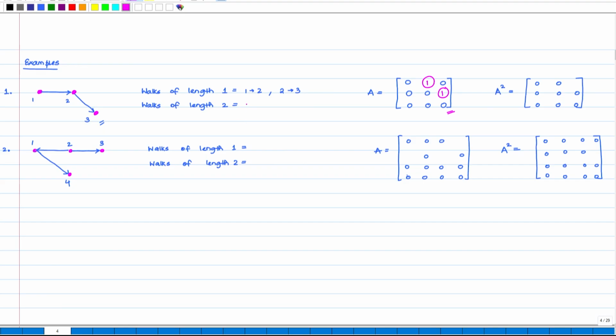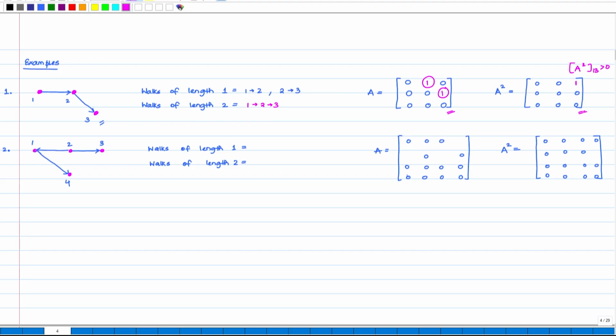There is only one walk which has a length of 2, that is from 1 to 2 to 3. Again, coming back to A squared, there will be only one entry which is not equal to 0, that is, A squared (1, 3) is greater than 0.